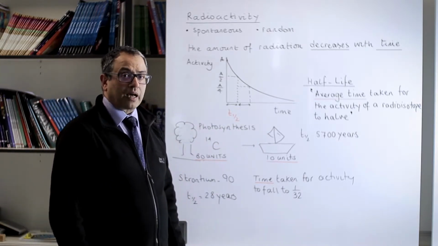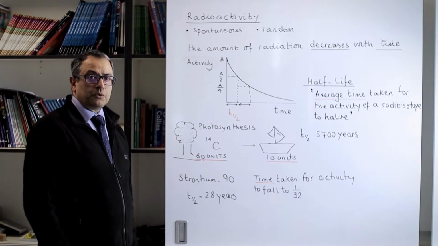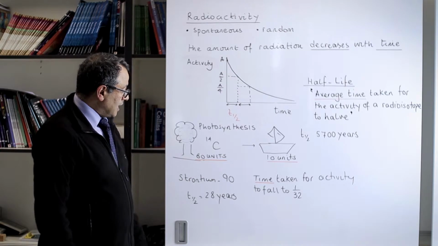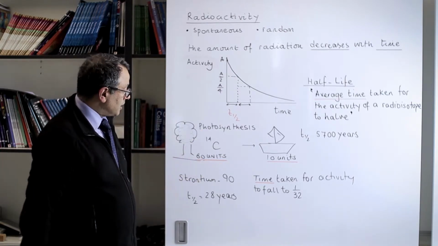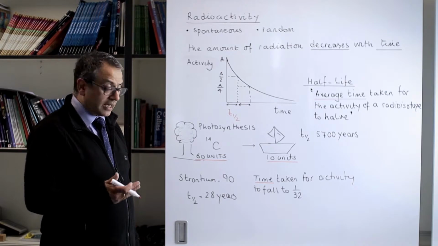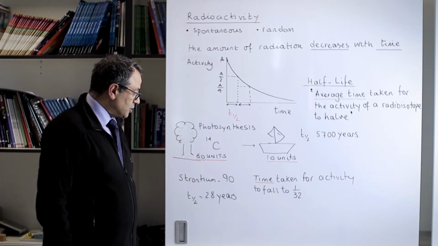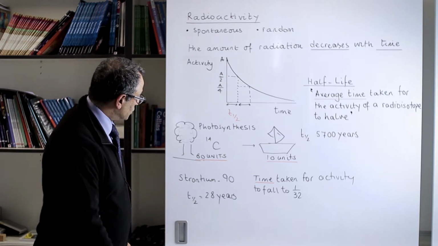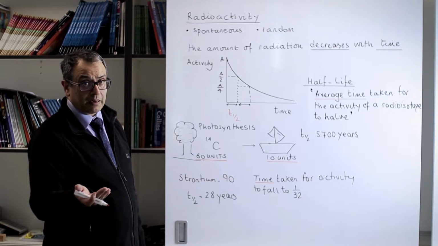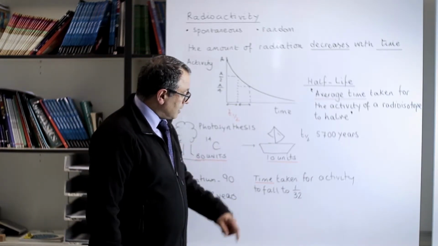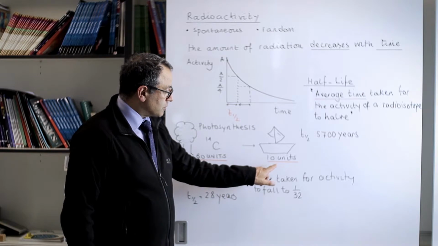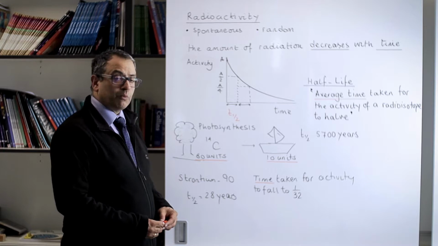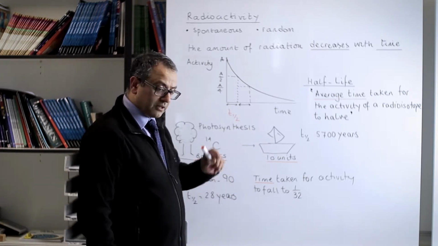Let us just put this into practice. If you take a tree, trees photosynthesize, and they take in carbon dioxide, both in the form of carbon-12 and carbon-14, and let's just suppose a living tree has 80 units of radiation coming from it for every gram. And if we take a ship, for example, and let's just suppose for argument's sake it has got 10 units of radiation coming from it, we want to work out the age of the ship.